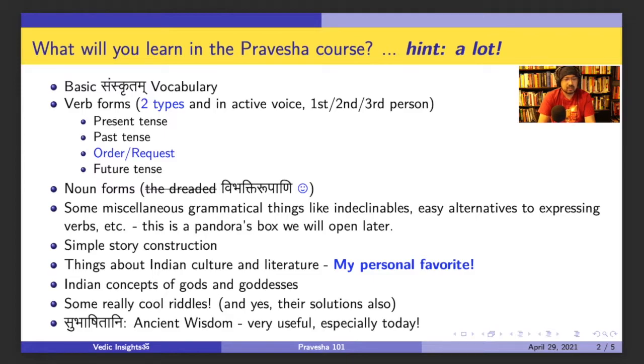You'll also learn other things like easy alternatives to expressing verbs. Just as I told you earlier, for verb forms you have present tense, past tense, order, request, future tense, and then you have 3 persons, and then you have 3 numbers. Now sometimes that is a lot of words, and it may make sense to reduce the complexity a little bit, and that option is available for things like past tense.